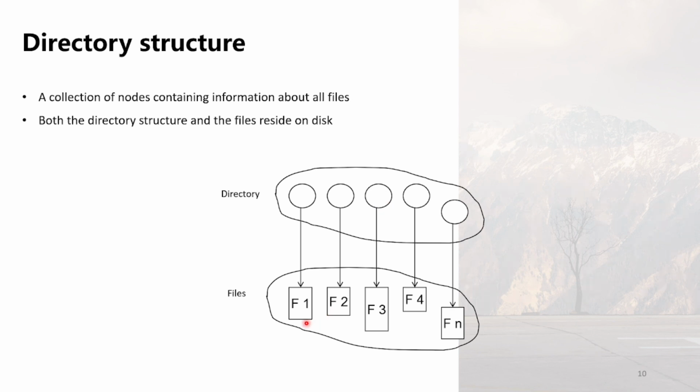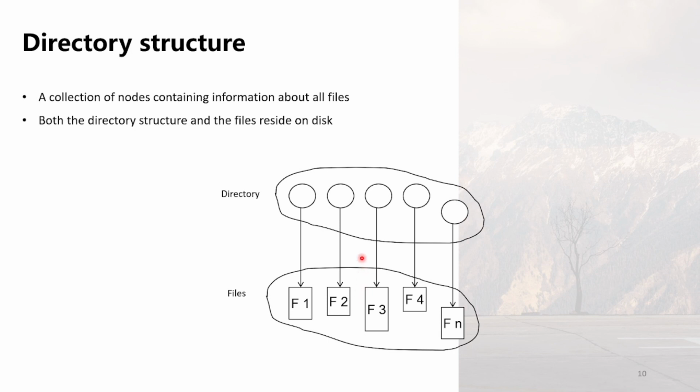Below the nodes are squares labeled F1, F2, F3, F4 to Fn, representing individual files. Note that F1, F2 through to Fn are human unreadable unique IDs.